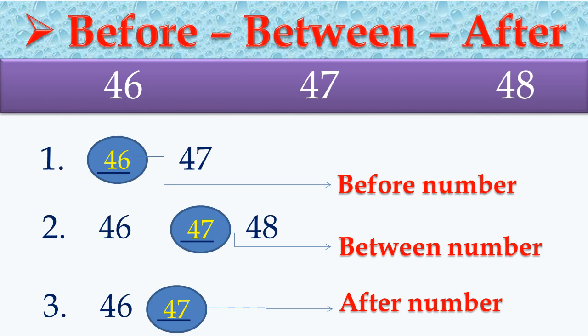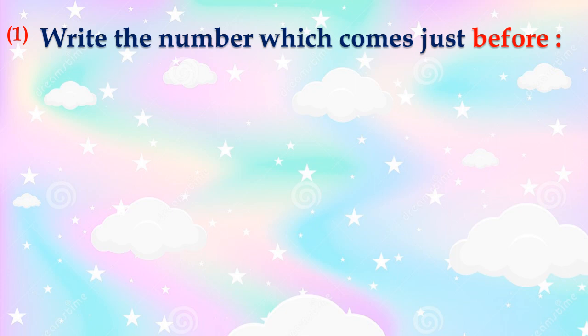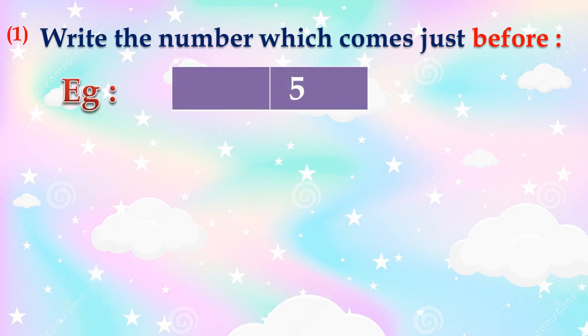Some examples are given for you. Let's try to fill some before, after and between numbers. Write the number which comes just before. Which number comes before number 5? The number 4 comes before number 5.